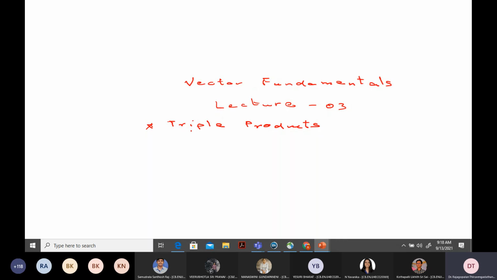So today what we are going to talk about is not multiplication of two vectors, rather multiplication of three vectors, A cross B cross C, for example, or A dot B cross C. Okay, so that is the triple product, number one. Number two, what we are going to talk about is scalar and vector projection.